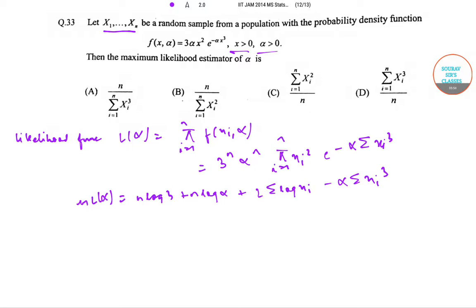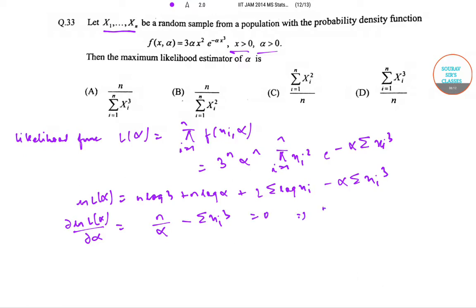Now differentiating this with respect to alpha, we get n by alpha minus summation xi cubed. And to calculate the MLE of alpha, we need to equate this to 0.